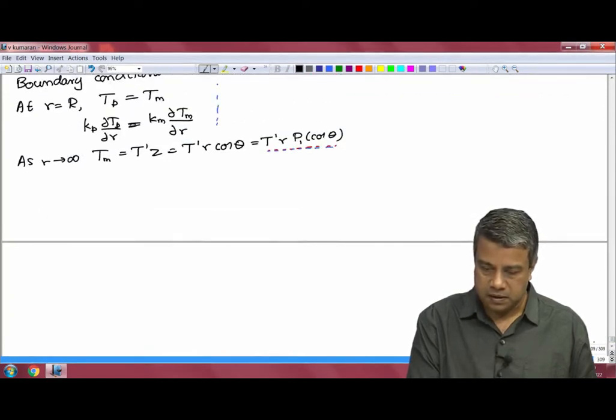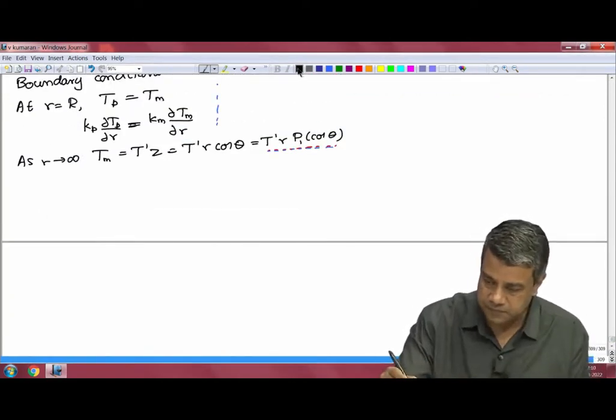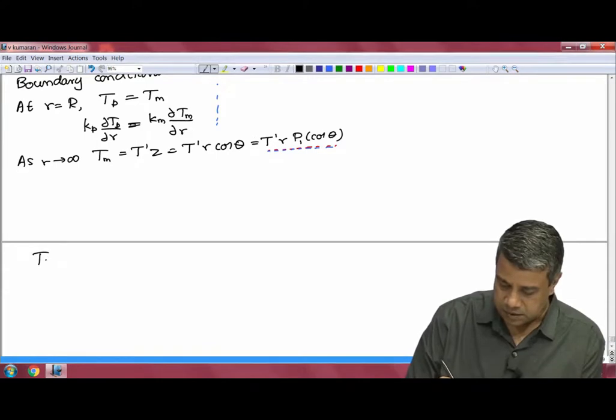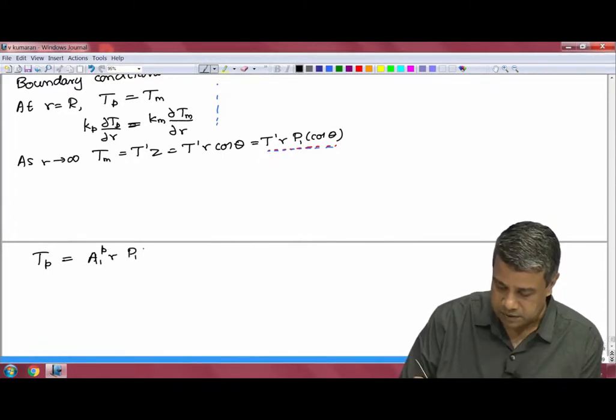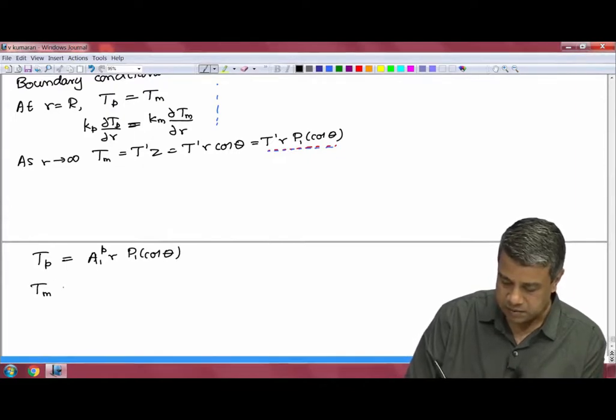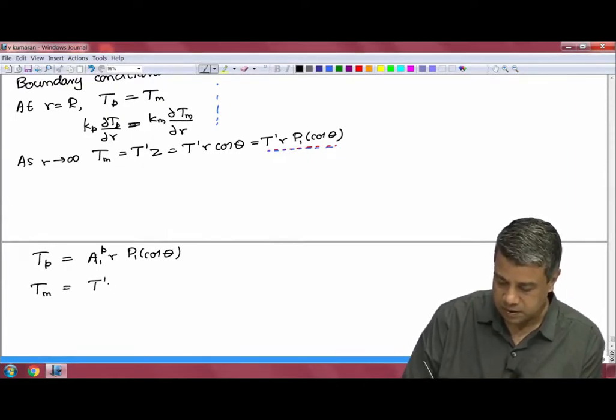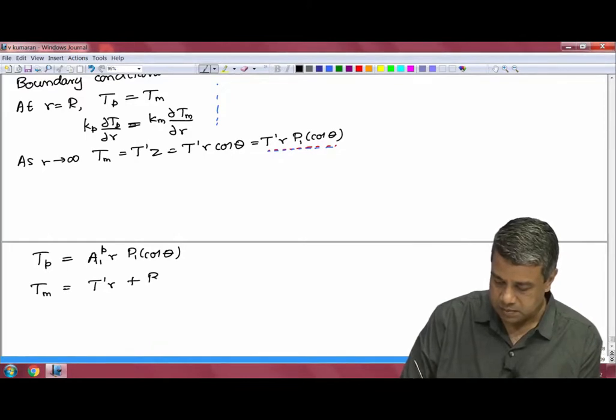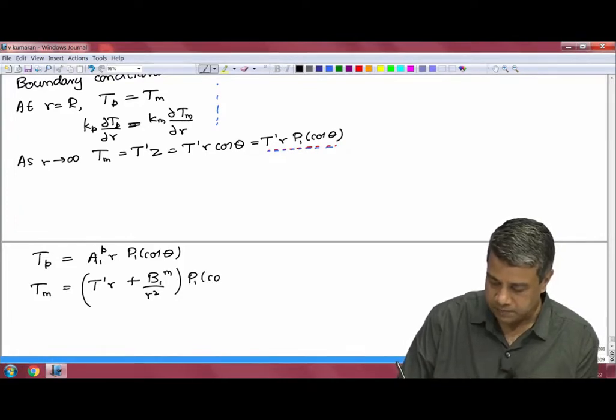So, let me rewrite the temperature fields. In the particle, the temperature field is equal to A1P r times P1 of cos theta. In the matrix, the temperature field is equal to T prime r plus B1m by r square times P1 of cos theta.